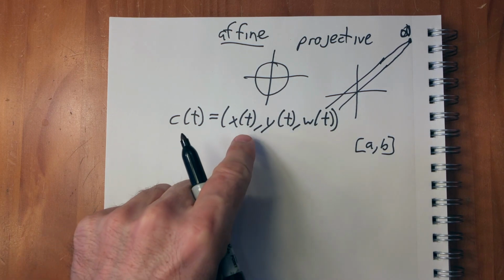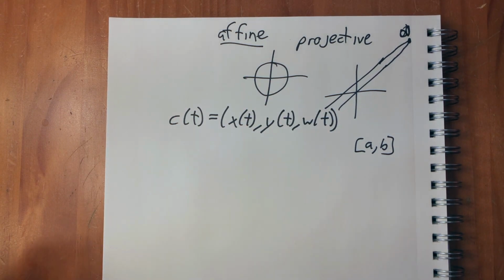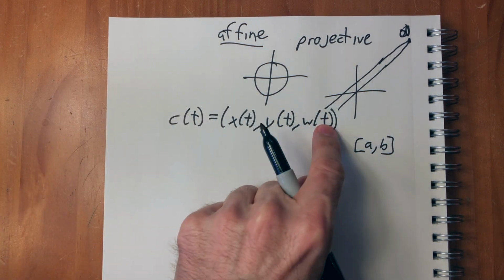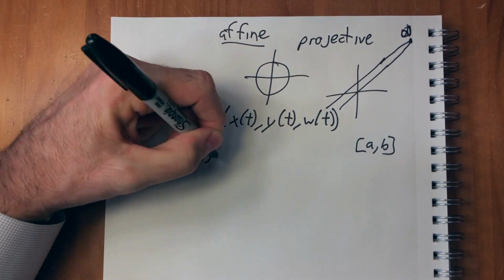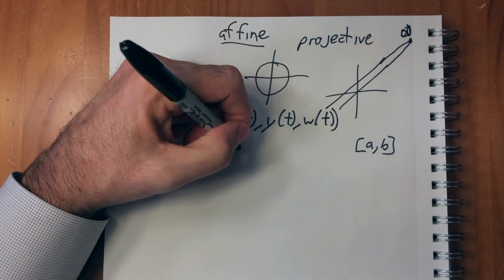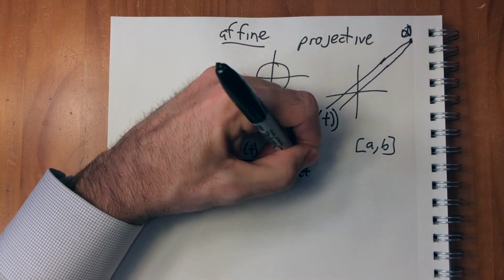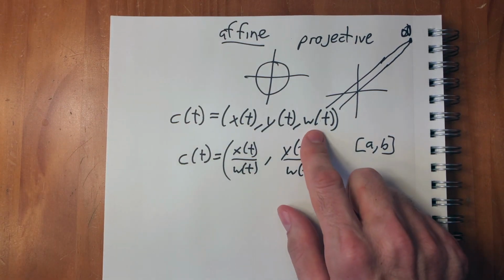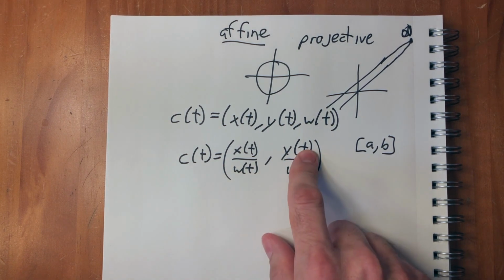So now we can convert projective homogeneous coordinates back into standard components by just dividing through by the third term. So this is equivalent to c(t) equals x(t) over w(t), and then y(t) over w(t). And then, of course, if w(t) is constant, then this would just be a basic parameterization.